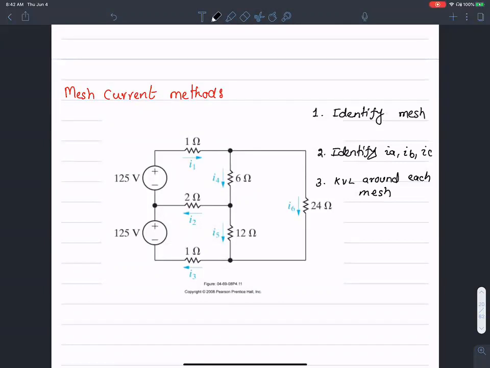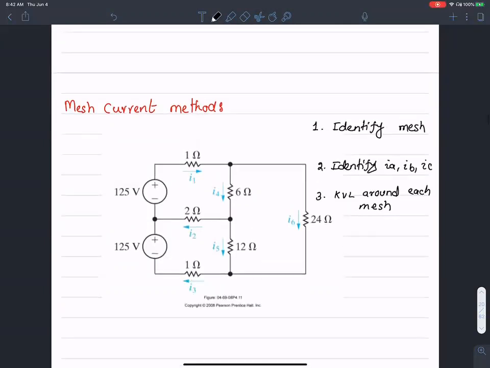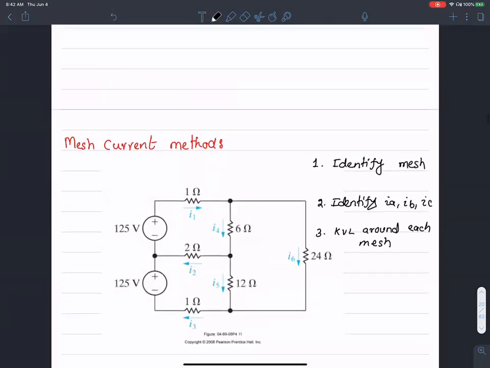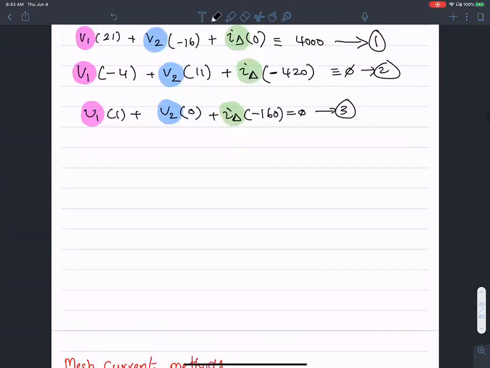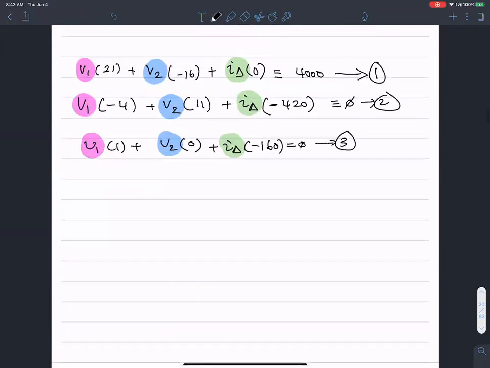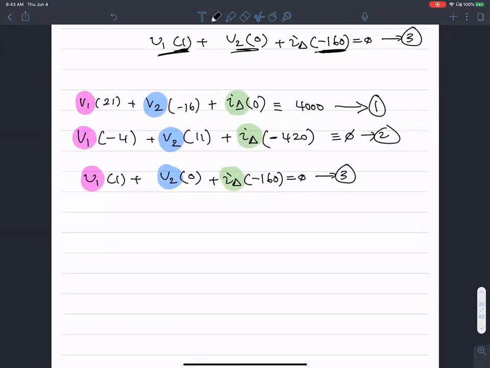Before I go silent again, I'm going to go back to the previous problem and leave you with what you should be doing. You put the equations into MATLAB and get the values for V1, V2, and I delta.